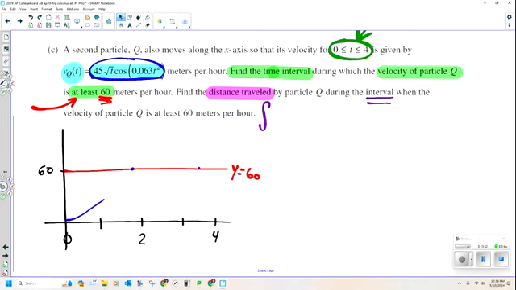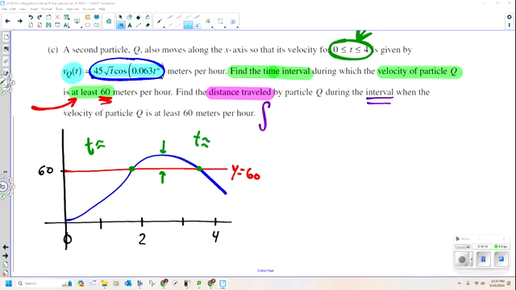It's going to come up and go like this. I want to find these 2 points. So t is approximately, and t is approximately. That's my interval, where my velocity of q is above 60 or equal to 60.